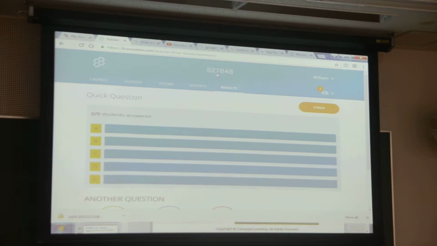It asks you for a room number, and you have to go to that, 527048. We have 0 out of 22 students who have answered. That's good, because I haven't given the question yet.